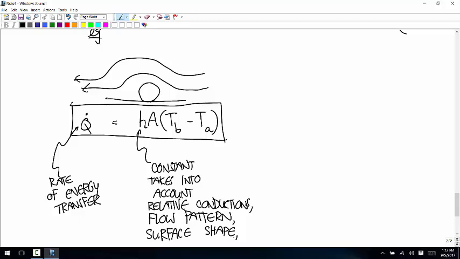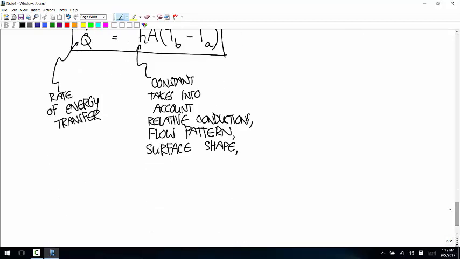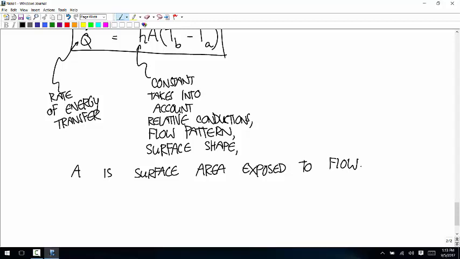But anyways, you see that this A is the surface area exposed to the flow. TB is the absolute temperature of the body. Well, this is a difference, so it doesn't really have to be absolute, I guess. It is the temperature of the body.